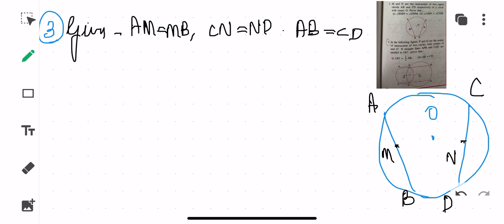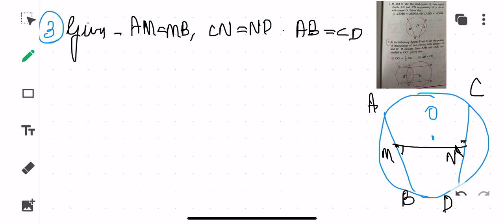Further, you have to prove that angle BMN is equal to angle DNM. So this particular angle is BMN, and this is DNM. We want to prove that these two angles are equal.